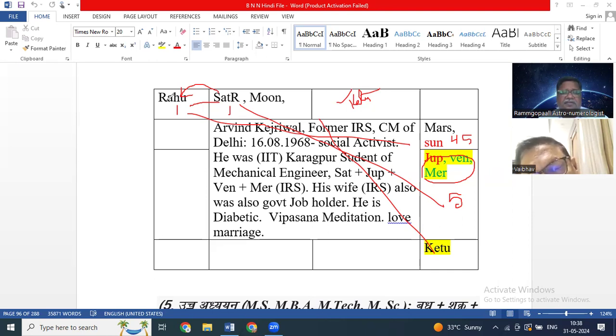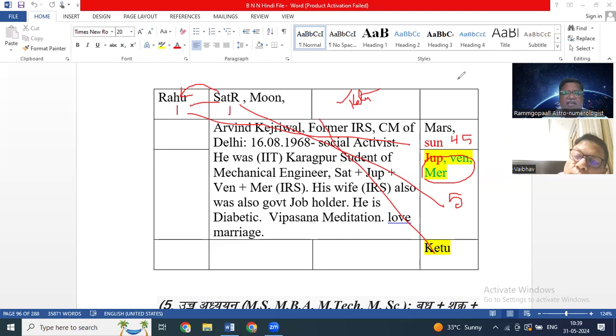Finally, what I want to tell you is, if Saturn is retro, you take 2 positions, and see which planets Saturn is connected with before and after retro. Both positions you take. Both will work in the first half and second half, but most probably in the first half he will do something and in the second half some other things. But which he will do in the first half and which in the second half, we are not sure.